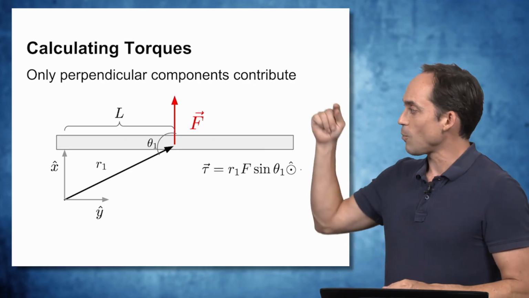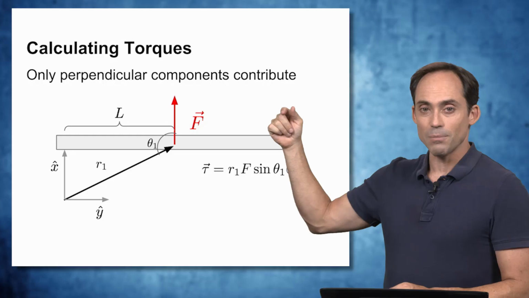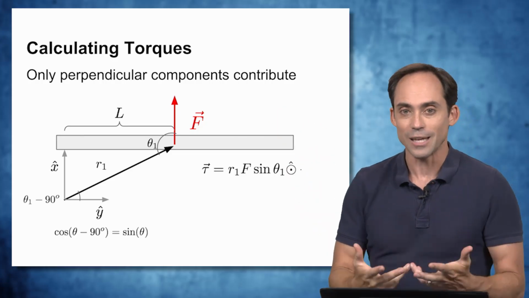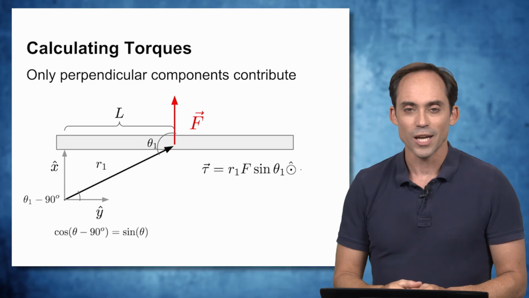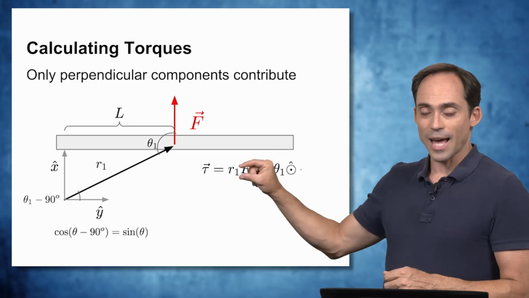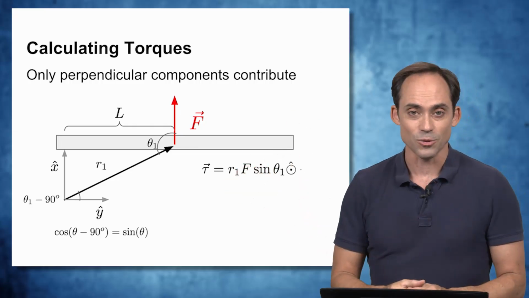Now notice that theta 1 is greater than 90 degrees, and in fact it's equal to 90 plus a little bit that is the same as the little bit between the r vector and the y hat axis. So that angle down there where the position vector is coming up is just theta 1 minus 90 degrees.